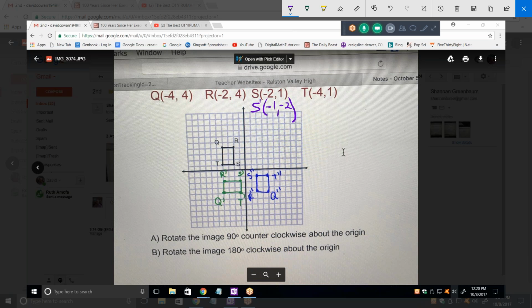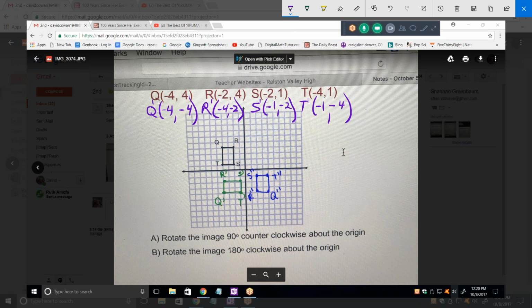What's T prime? -1, -4. What's Q prime? -4, -4. And finally, what is R prime? -4, -2. You see the pattern.